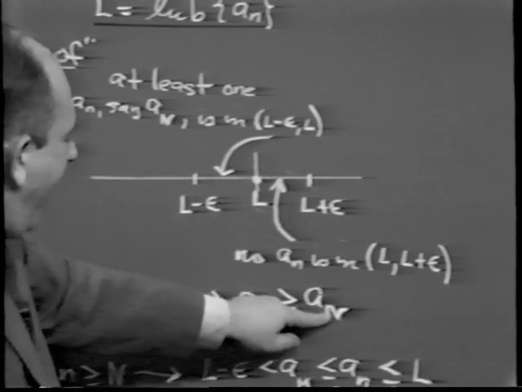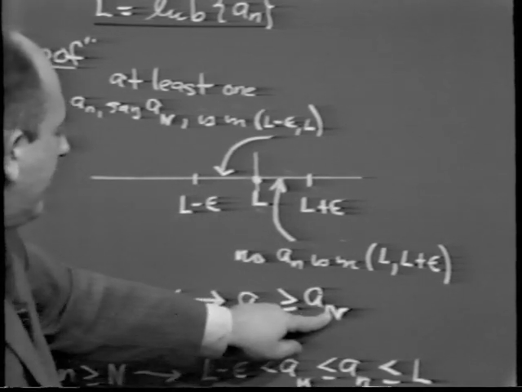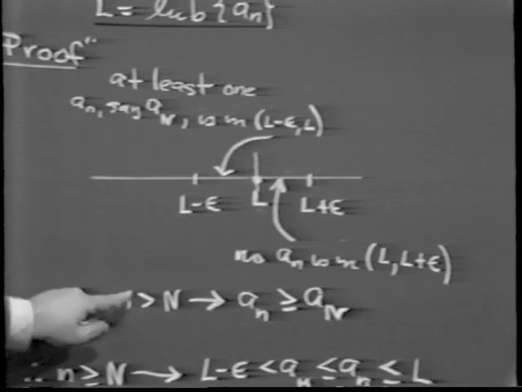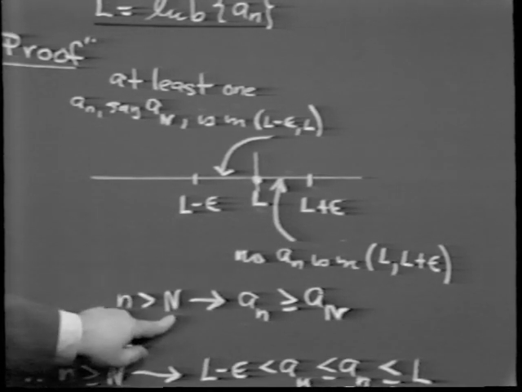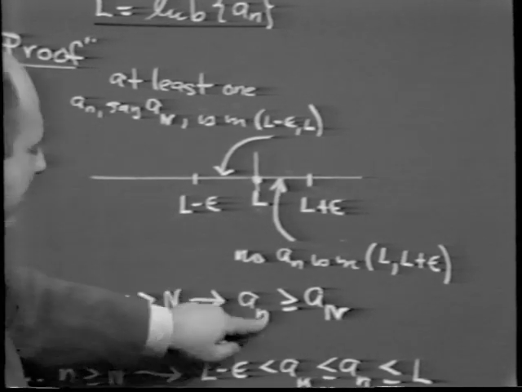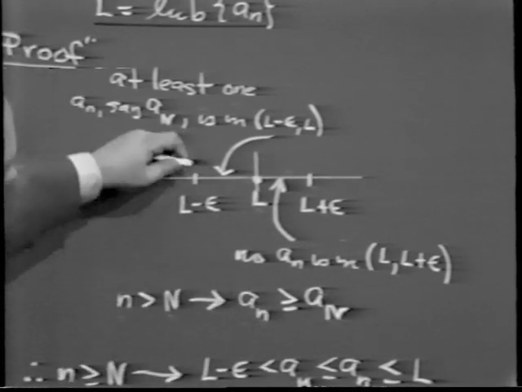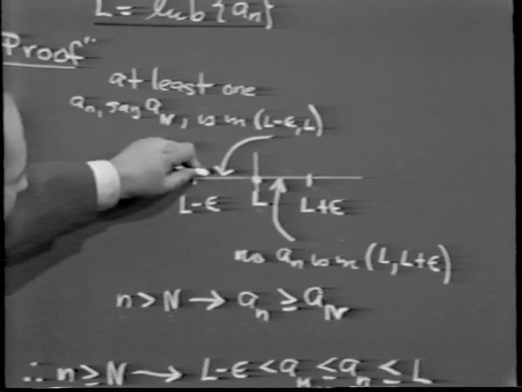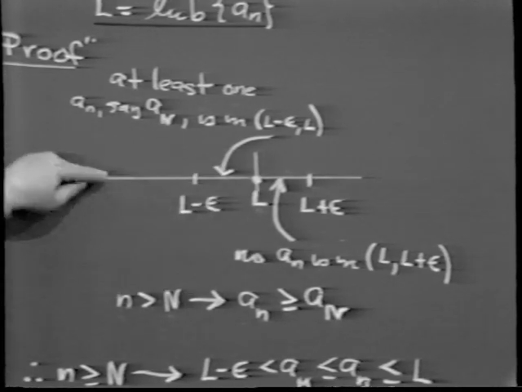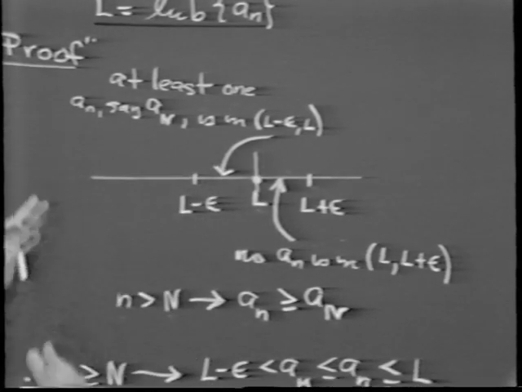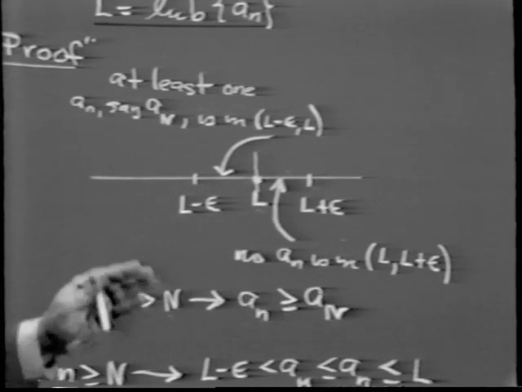Now, we use the fact that the sequence is non-decreasing, and that says what? That if little n is greater than capital N, a sub little n is greater than or equal to a sub capital N. In other words, if you list the a sub n's along this line, as n increases, the terms move progressively from left to right.